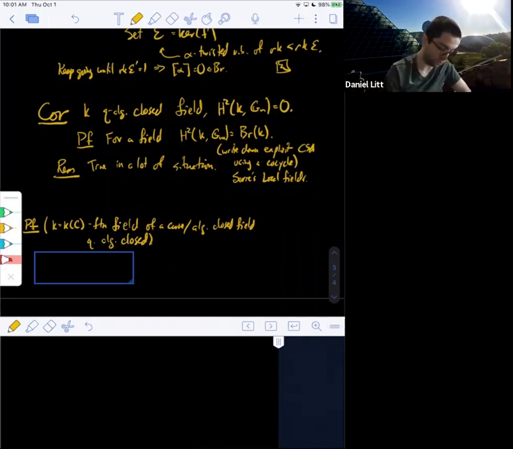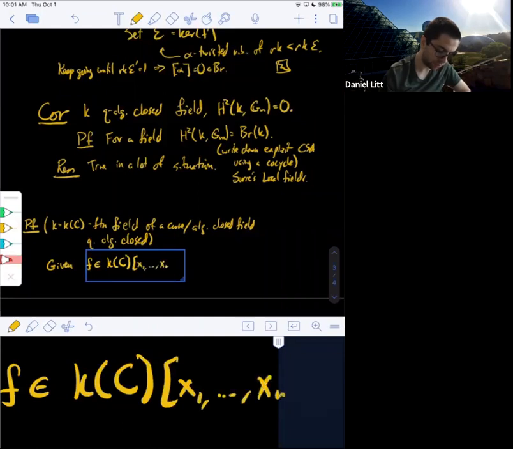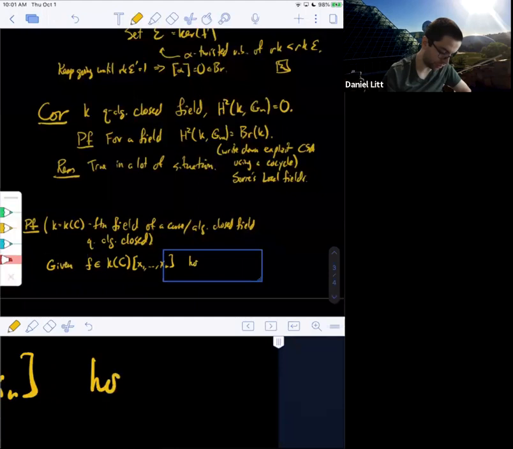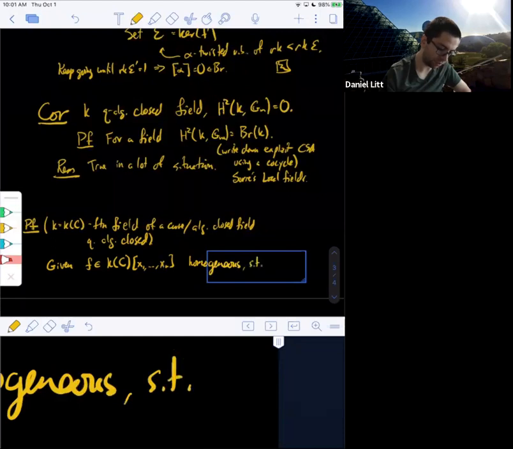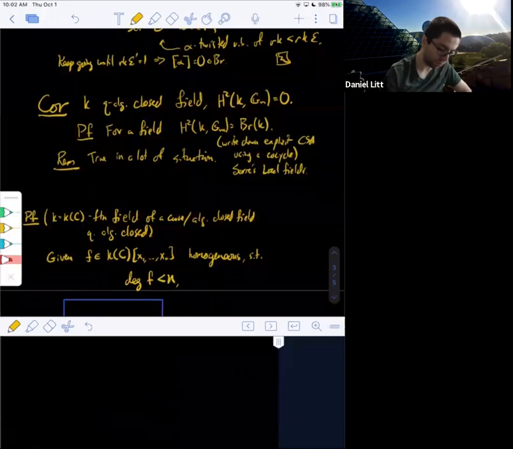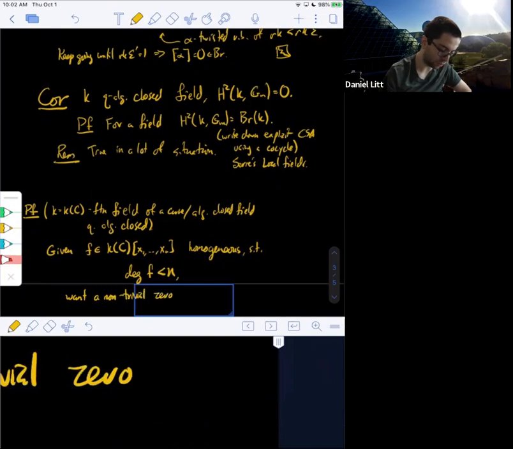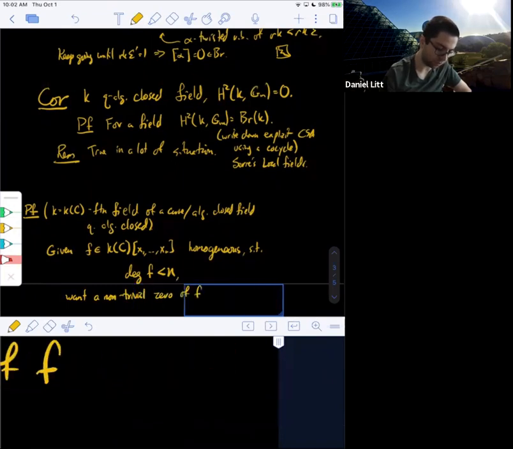All right, so what do we want? Given a function f in K(C)[x1, ..., xn] which is homogeneous, and such that the degree of f is less than n, we want to produce a non-trivial zero of f in K(C)^n.